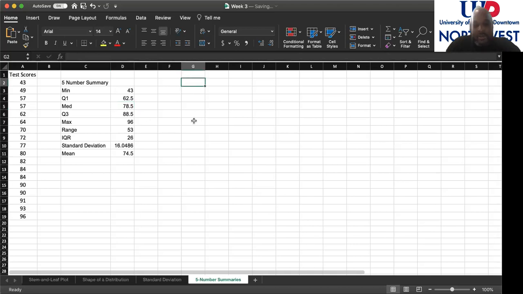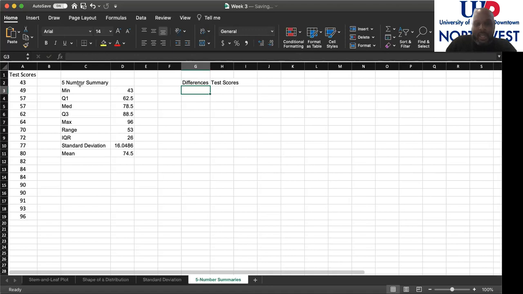These are our test scores. And for these test scores, we need to know the differences between each quartile.